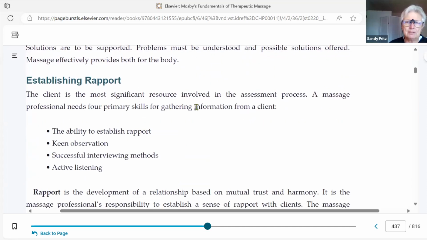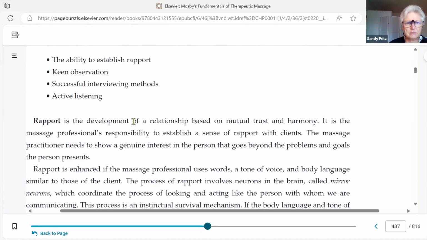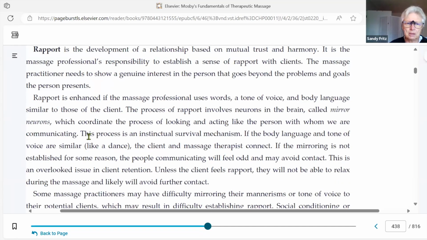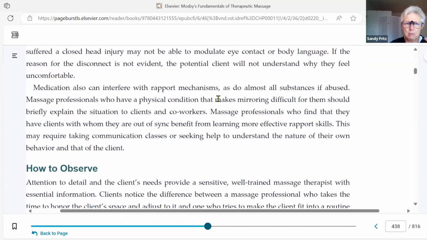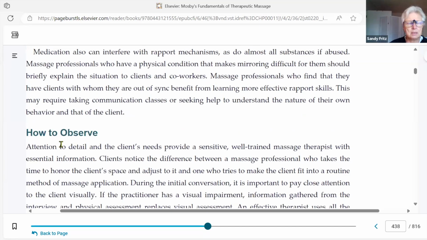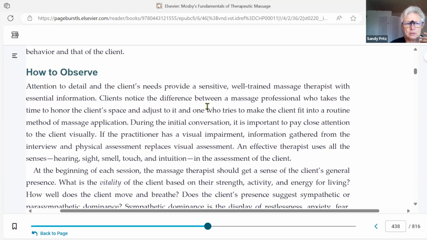So if somebody is going to reveal themselves to us, which is what assessment is, we've got to have some rapport with them. Remember, massage is a people business, it's a service business. So pay attention to the section on rapport, and then we need to be observing from the very beginning, even how we listen to a client when we're talking with them on the phone. So how do we observe?